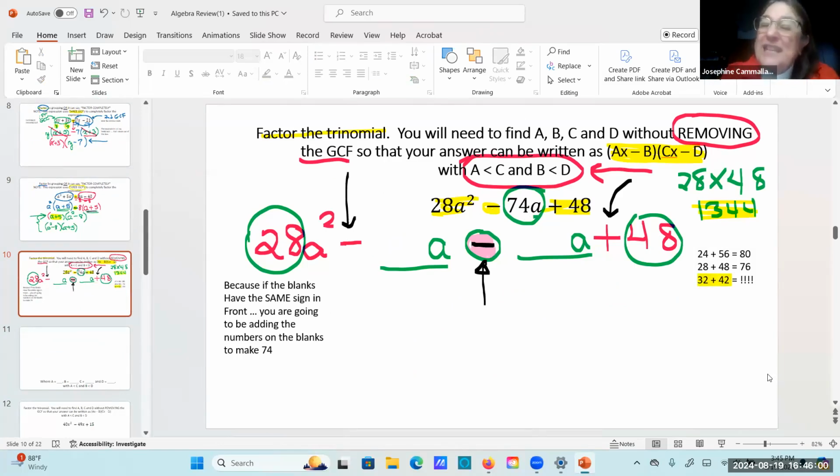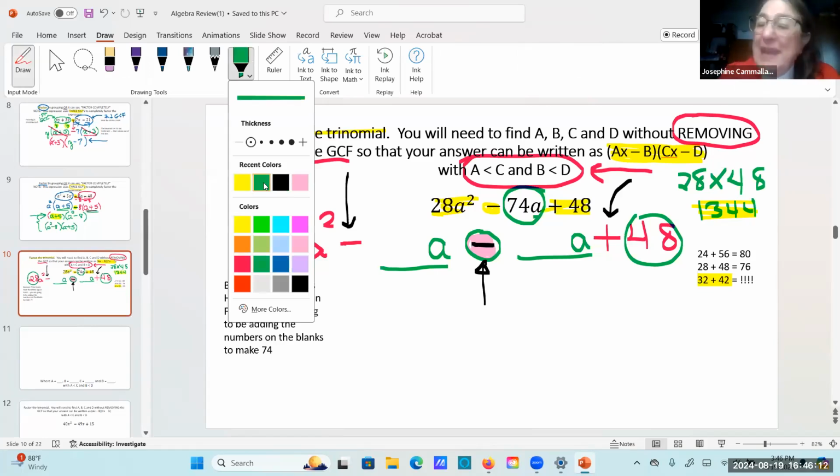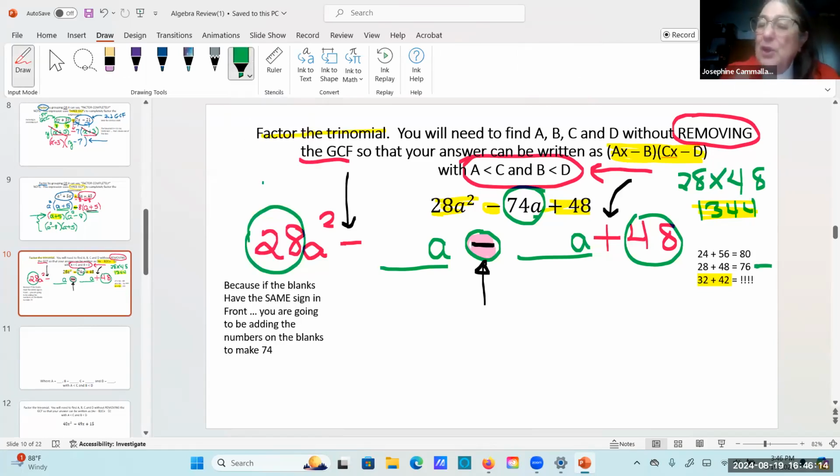Now notice, I used 1,344, but I also started with the two factors that I initially began with. And because the blanks said I had to add, I know which way to go.